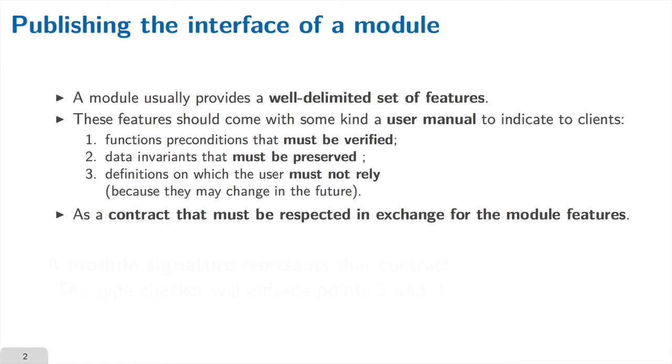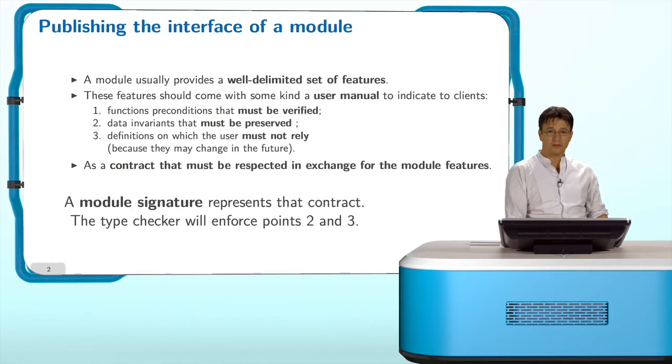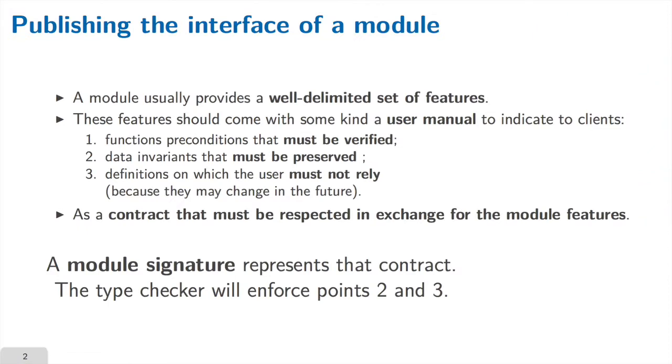So that's like a contract that must be respected in exchange for the module features. Moreover, the type checker will help us to enforce the data invariants of the data structures, and also will prevent the client from using definitions they shouldn't use.